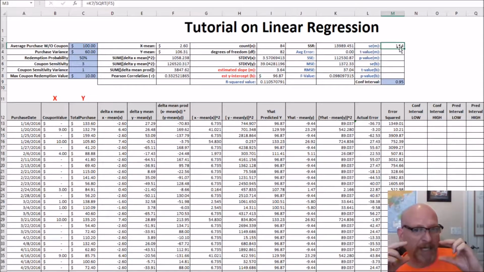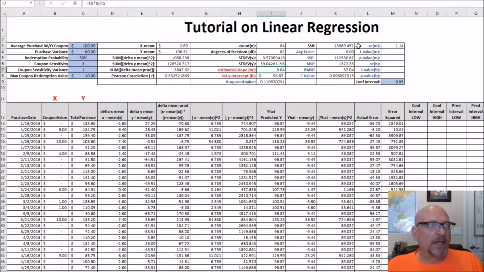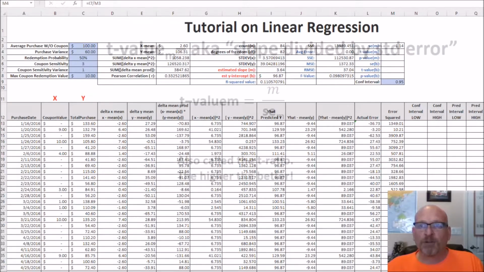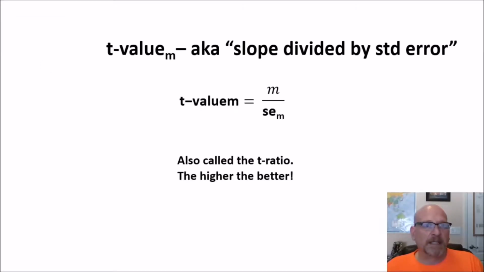If you have very little error, the standard deviation will be very small, which means you can fit a lot of them inside the slope value. So bottom line, the higher the t-value, the better. This is the t-value: the slope divided by the standard error.